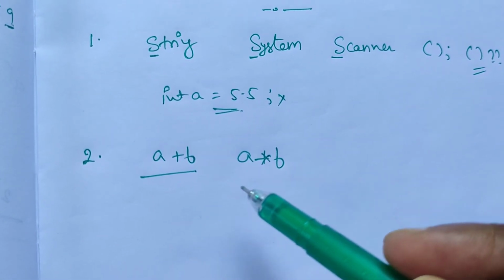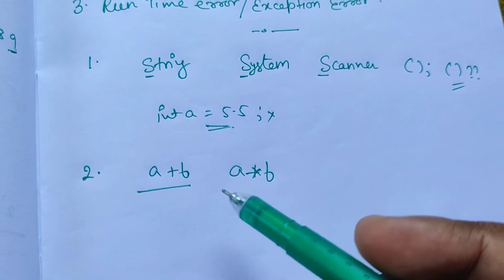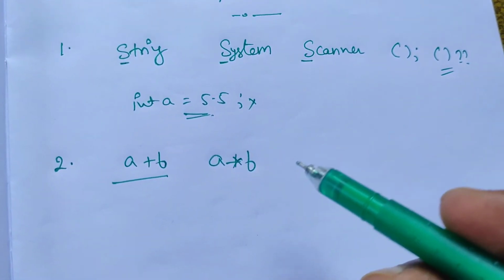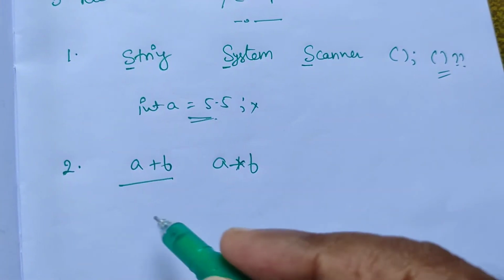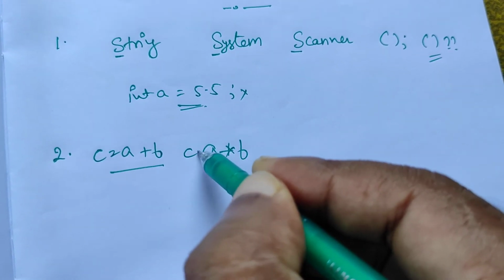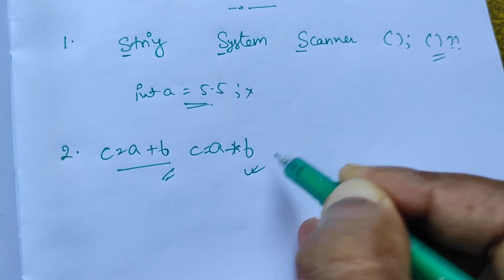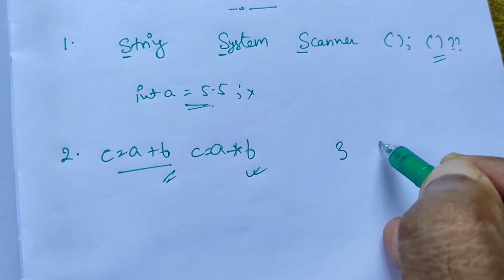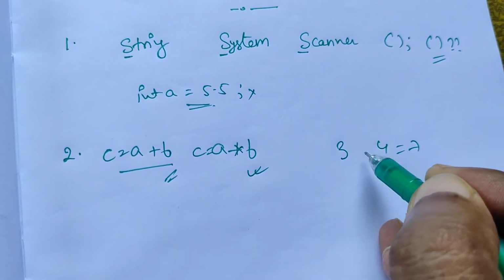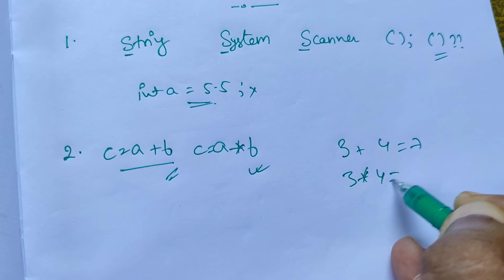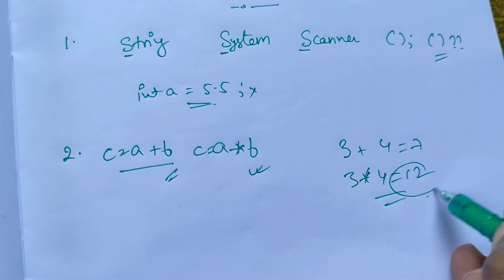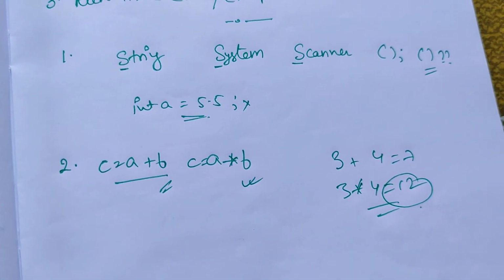A logical error cannot be detected by the compiler, because everything is written correctly, c equals a plus b, c equals a into b. Instead of this you have written this. So if it is 3 and 4, instead of 7 it will come 12. So your answer will come wrongly. That is called a logical error.